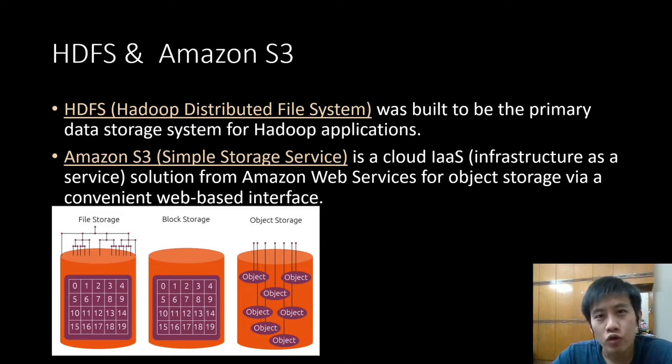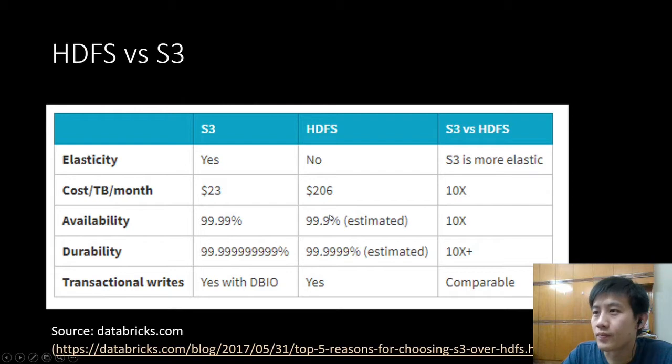I will not go into too much on differences between these two, but the take-home message is that according to databricks.com, when compared with HDFS, S3 has better elasticity, lower operating costs, as well as better availability and durability. This comes with some sort of trade-off on transactional rights.